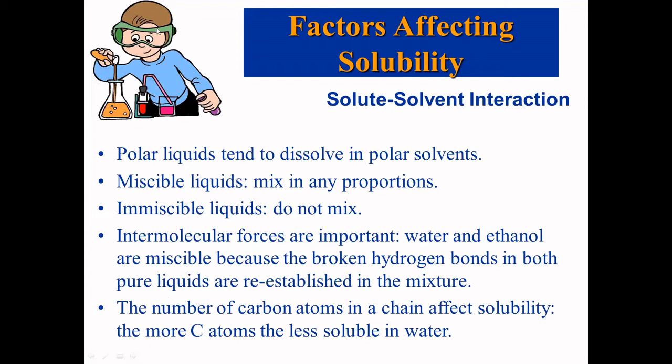Anybody who can explain why the more carbons we have in our chain, the less soluble your organic substances are in water? We'll end with this, then we'll have a break.